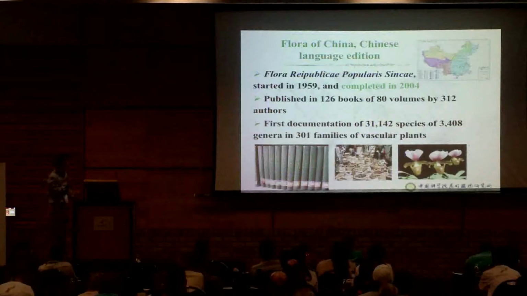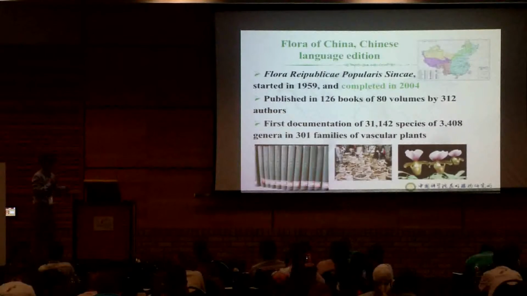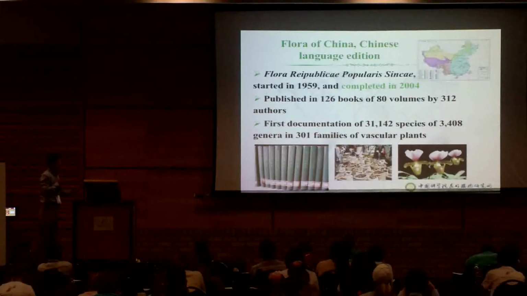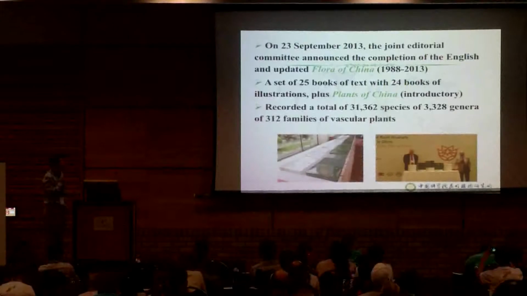So back to the Flora of China. The Chinese version was initiated in 1959, and it took 45 years to complete. The final figure is something like 31,000 species of vascular plants of China. We then moved to the English version, in collaboration with the Missouri Botanical Garden, which was slightly quicker, at 25 years.